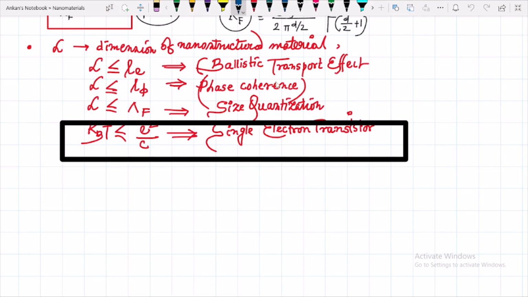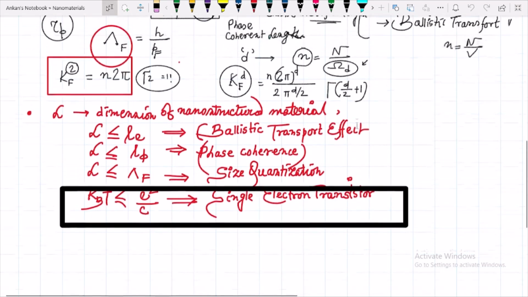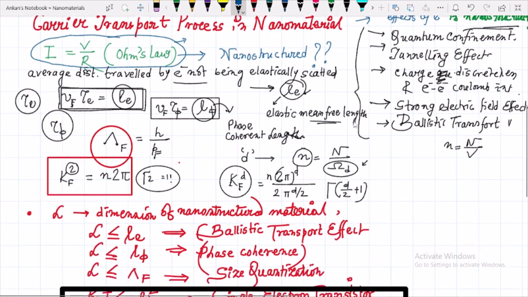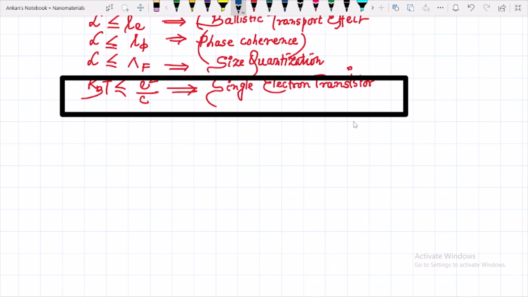But first I give you the question at the beginning of this discussion: the law which we know in the case of macroscopic material, Ohm's law, can it be true in the case of microscopic material, that is nanostructured material, also in the same form? The answer is discussed now.